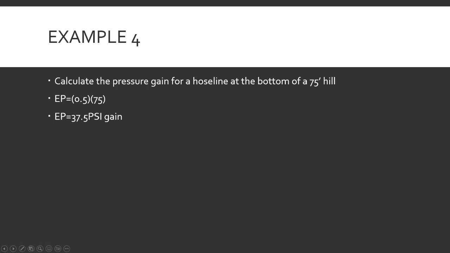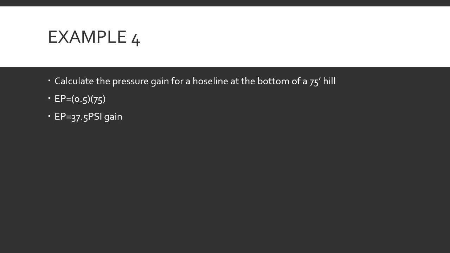So if you were pumping this, and let's say you wanted 100 psi at the nozzle, you would pump closer to, let me do the math here, to be perfect. We're going to call it 38, because there's no fractions in driver operator.